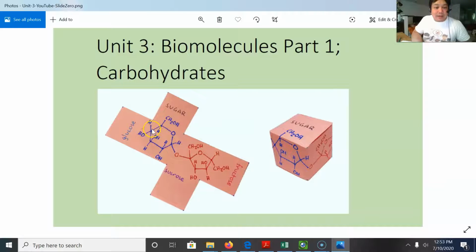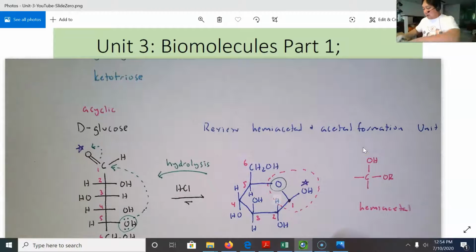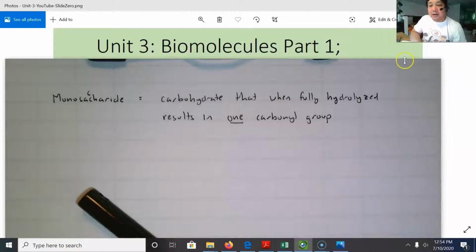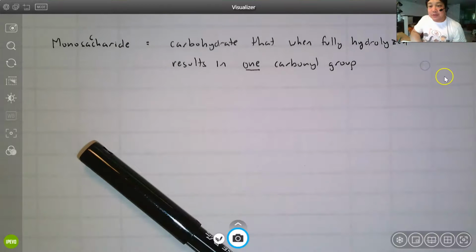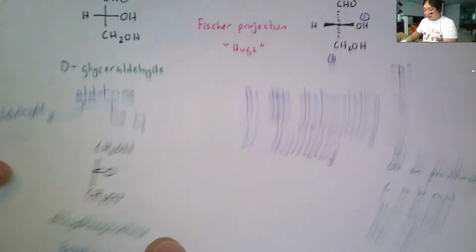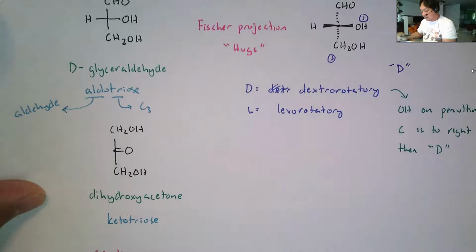One for this molecule on the left, which is glucose, and one for this molecule on the right, which happens to be fructose. Okay? We'll get to disaccharides much later, though. Okay, so that is a monosaccharide. And actually, all the molecules we've seen so far are monosaccharides. The D-glyceraldehyde, the dihydroxyacetone, all of that.